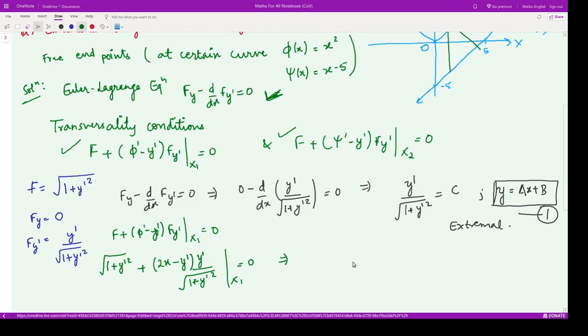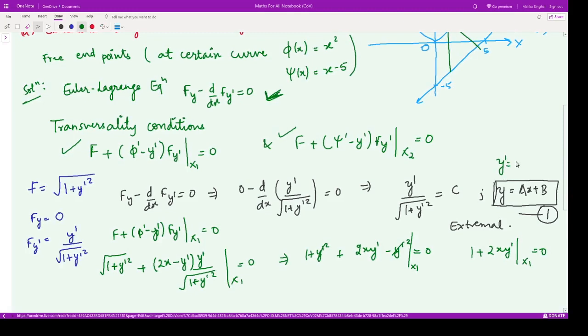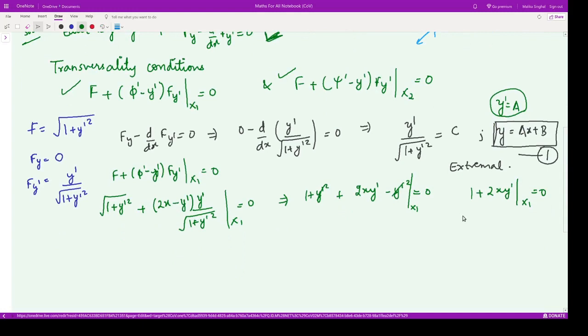When we take the LCM, we get 1 plus y dash square plus 2xy dash minus y dash square is equivalent to 0 at the point x1. So this cancels, and we have 1 plus 2xy dash at the point x1 is equal to 0. Now y dash would be a. Let us put these here.